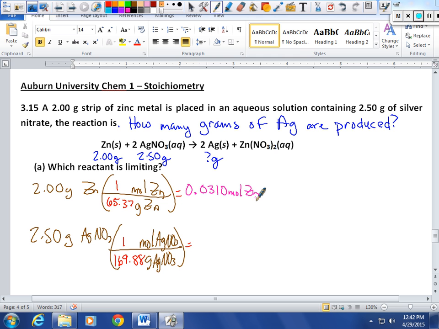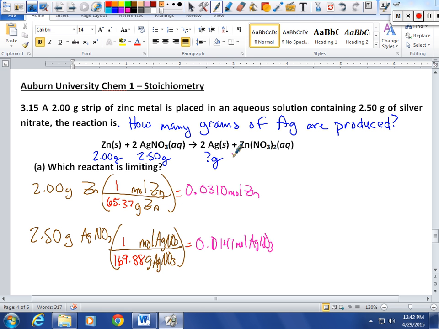Alright, how many moles of silver nitrate? 0.147. I remember that number from earlier. Alright, so that's all step 1. Every bit of that is step 1. There's nothing different that we've ever done except we've done it for both reactants. Just divide it.